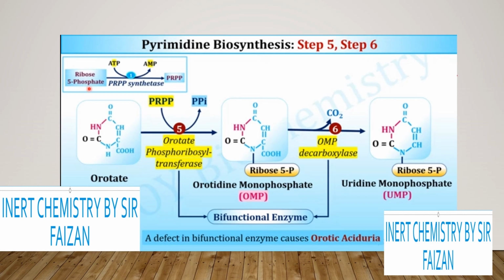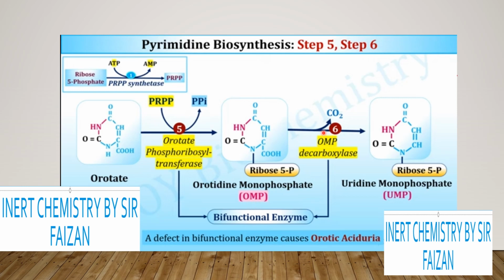Ribose 5-phosphate reacts with ATP and PRPP is formed. So in this fifth step, this PRPP donates the ribose 5-phosphate to orotate and the resulting compound that is formed is orotidine monophosphate. It is also called OMP.